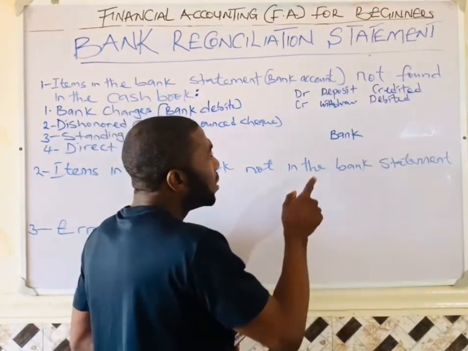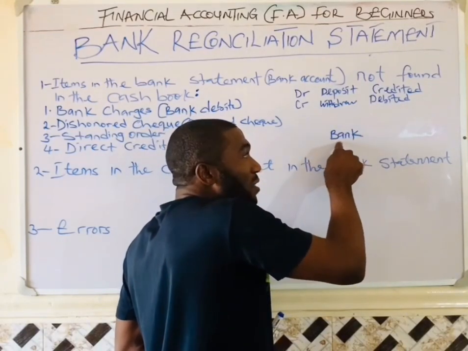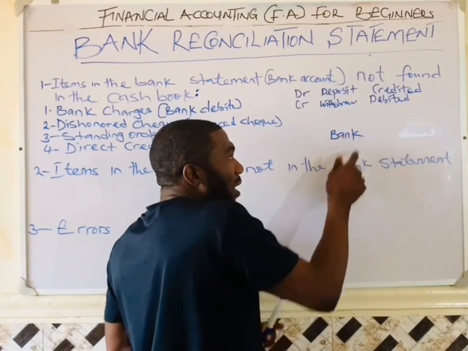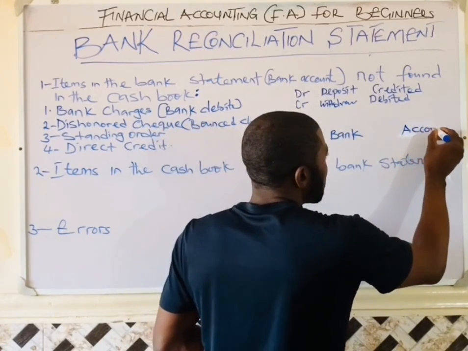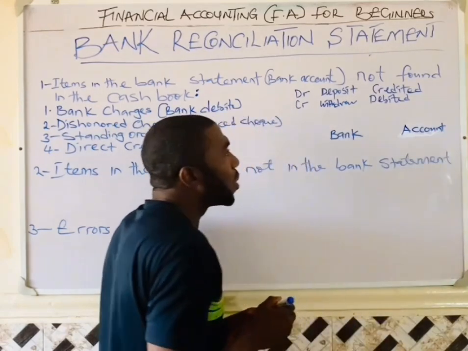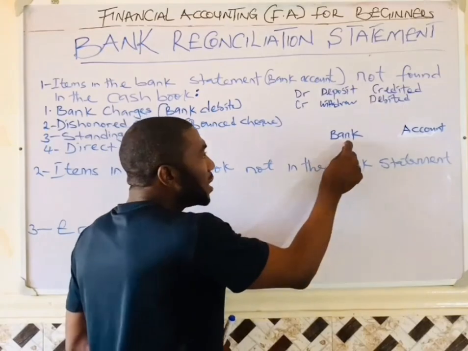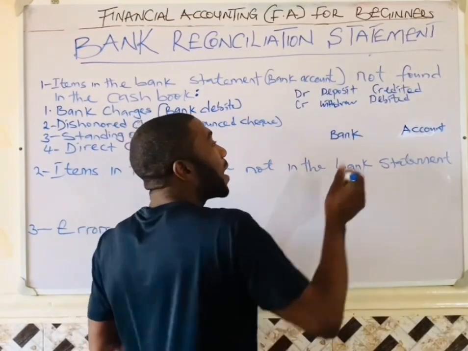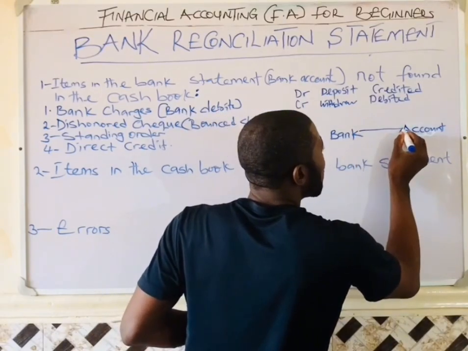So if you give money to this bank, and that is why we have different banks, you are not sending money to your bank account. Rather, you are sending money to this bank as an agent. So this bank will send it to your account.